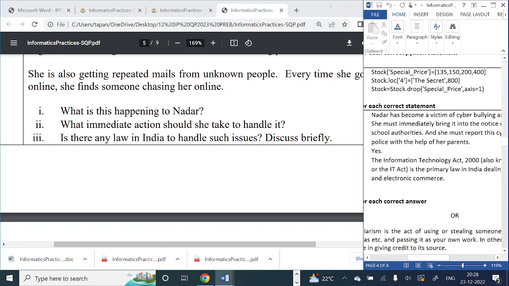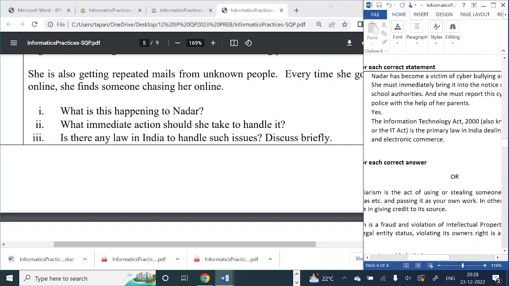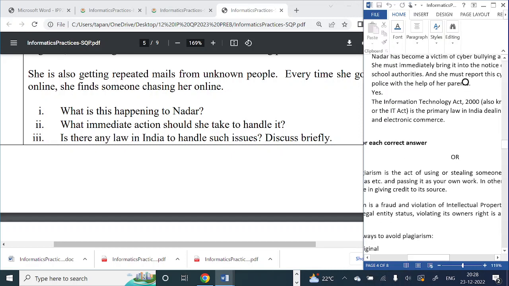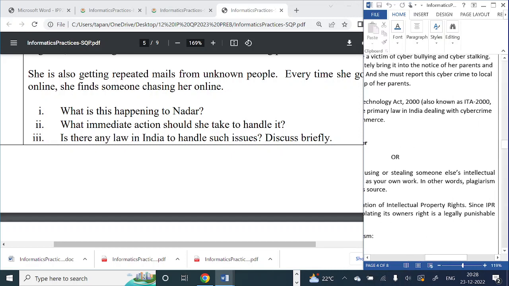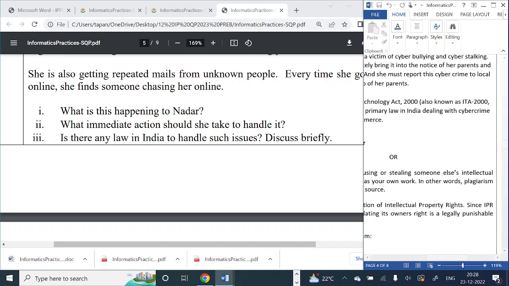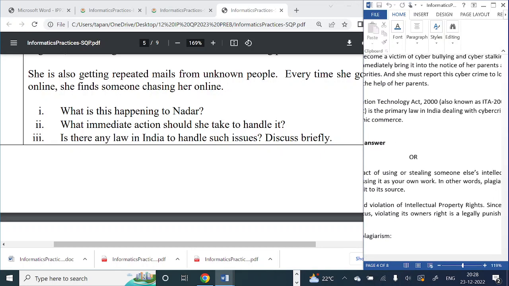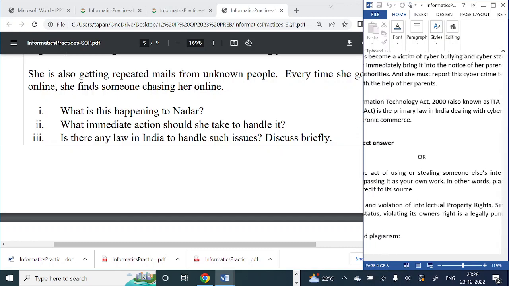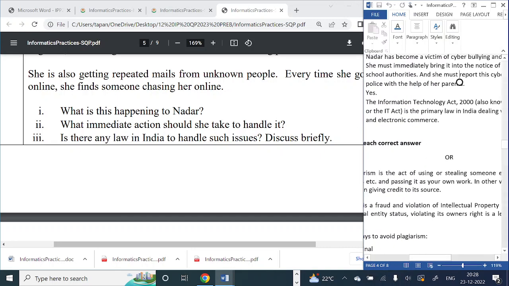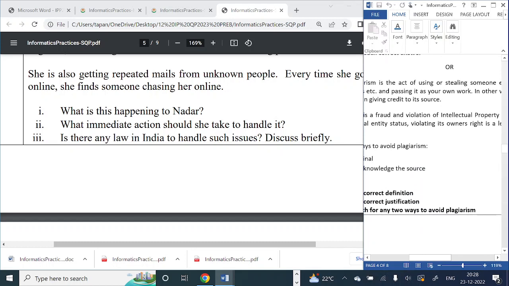Is there any law? Yes, the Information Technology Act 2000, also known as ITA 2000 or the IT Act, is the primary law in India dealing with cybercrime and electronic commerce. So this is your answer.